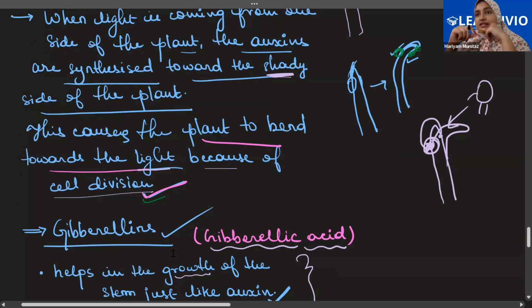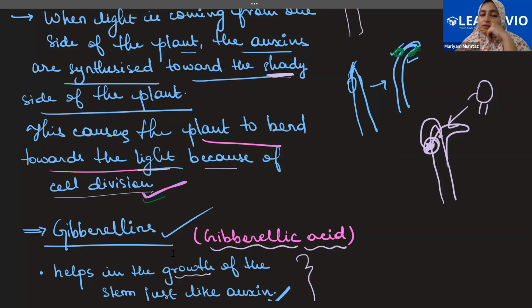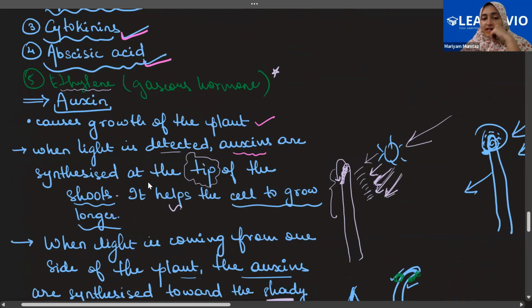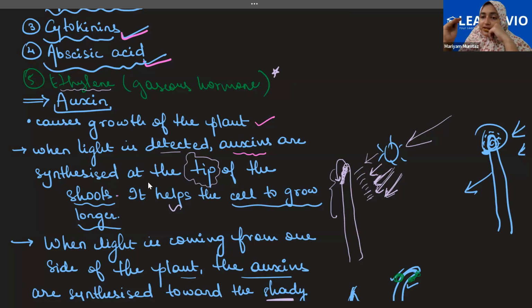Why? Because auxins are responsible for initiating or carrying out the cell division process. It makes the cell division very efficient, very smooth. So that is auxin, and it is one of the most important hormones of the plant. Because of this particular hormone only, the plants grow in terms of length.